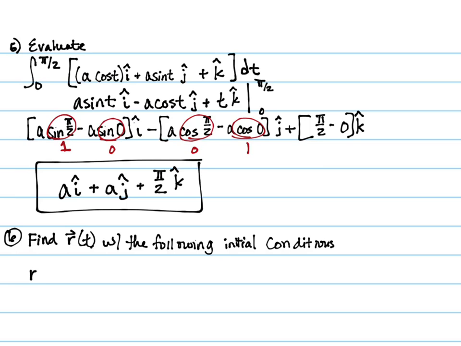The r prime of t value that we are given is 4e to the 2t i plus 3e to the t j. And we're going to do a planar curve. And then r of 0, we're told, is 2i.